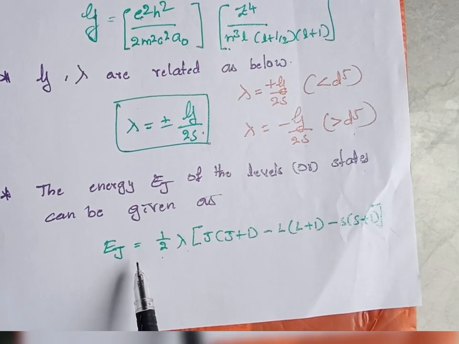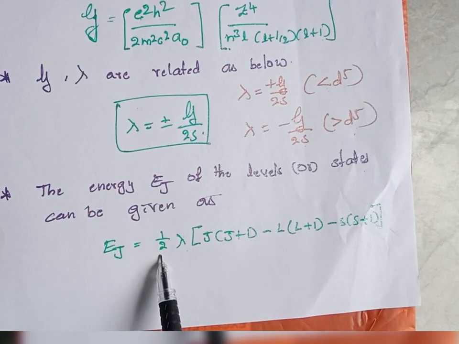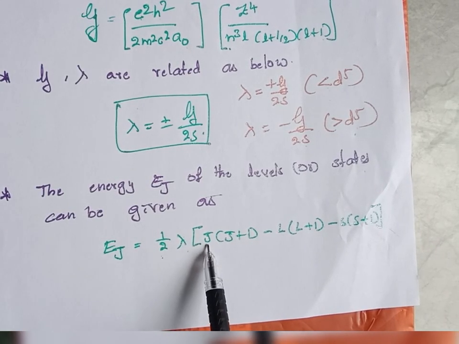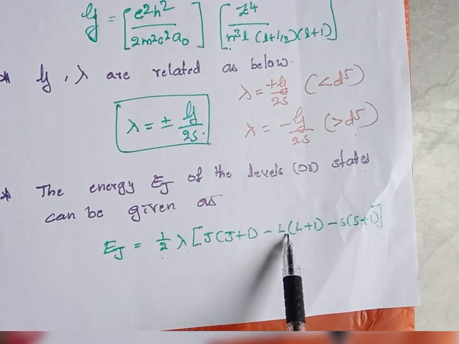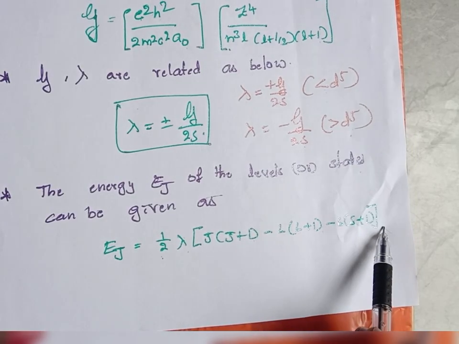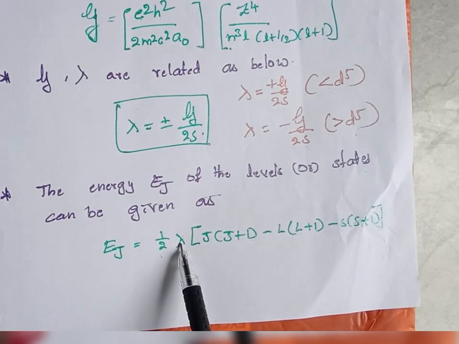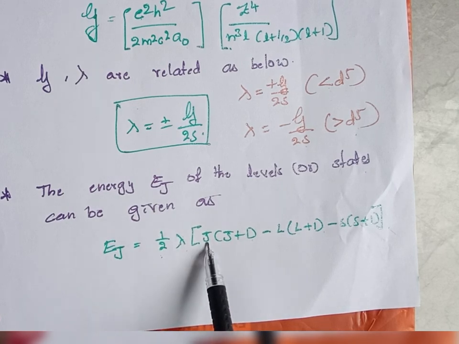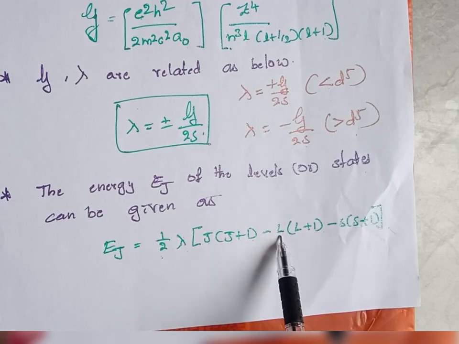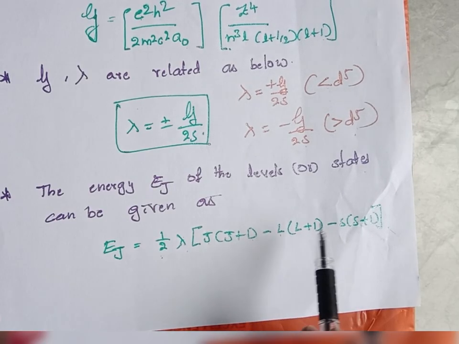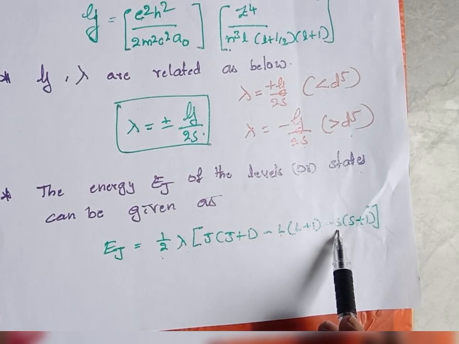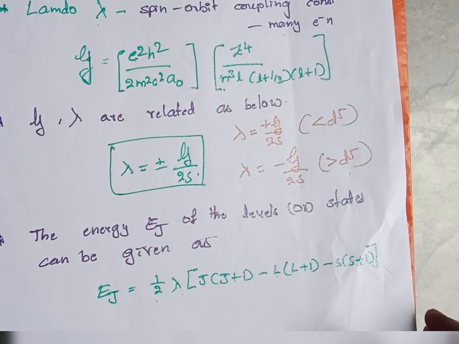The expression is E_J equals half lambda into J into J plus 1 minus L into L plus 1 minus S into S plus 1. Here lambda is the spin orbit coupling constant for many electrons, J is the total angular momentum, capital L is the orbital angular momentum and capital S is the spin angular momentum.